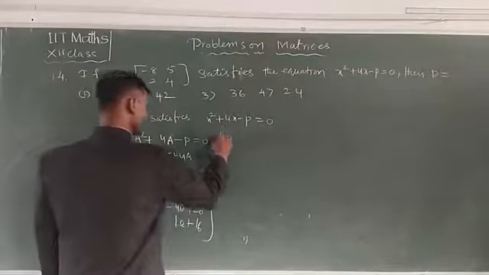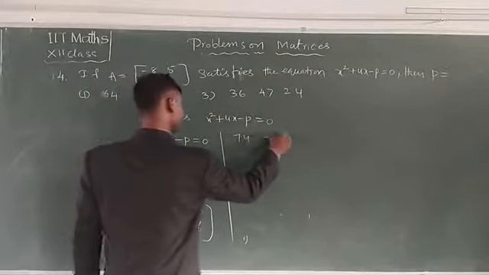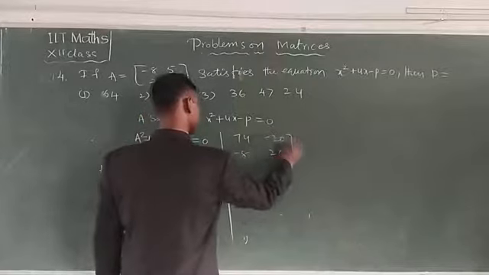Now this is written as [74, -20; -8, 26].